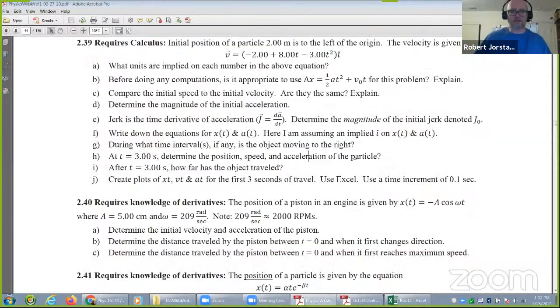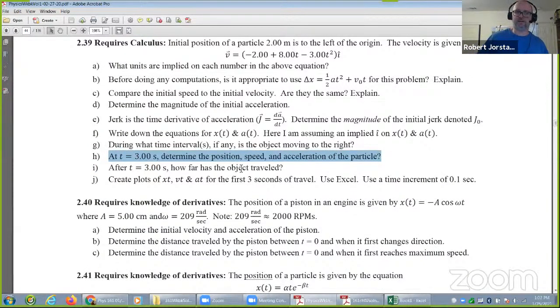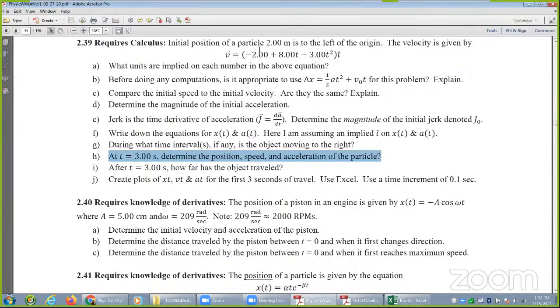Okay, so where were we here? Okay, how about this one? What do you think we need to do here? Or what should we watch out for in part H? Do we just solve slowly, like go from time and then solve position?